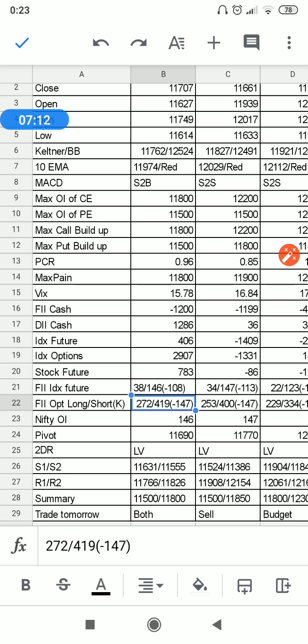Okay, so what we concluded is 11,500 to 11,600 on the downside and 11,800 to 11,830 on the upside is going to be very key. From the option data 11,500 to 11,800 is coming as the range, and from the chart it is 11,600 to 11,830.